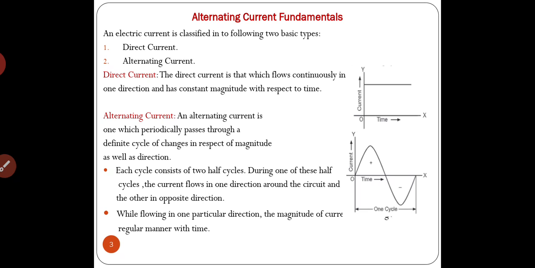As shown in the graphical representation, there are two half cycles in the alternating current. In the positive half cycle, the direction of current will be in one direction and the magnitude will keep on changing. After that, in the second half cycle, the direction will be opposite and the magnitude again keeps on changing from minimum to maximum.